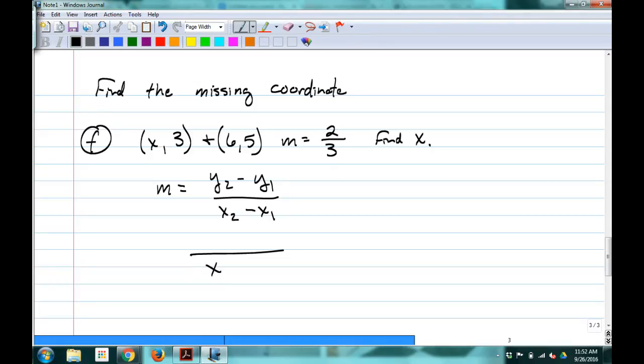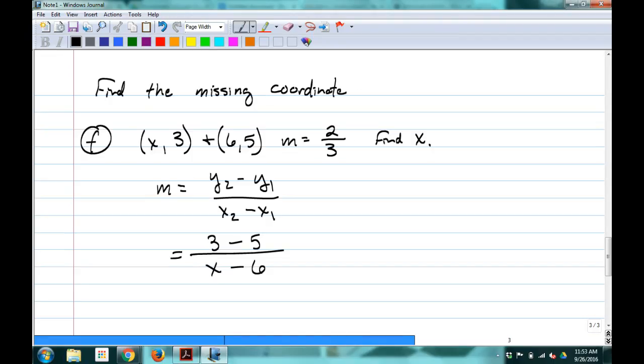So what Y value do I have to start with up here? 3, because it goes with the X. And then this is -6 on the bottom, and then up top we got -5. So that creates this little proportion, because that's equal to the slope.